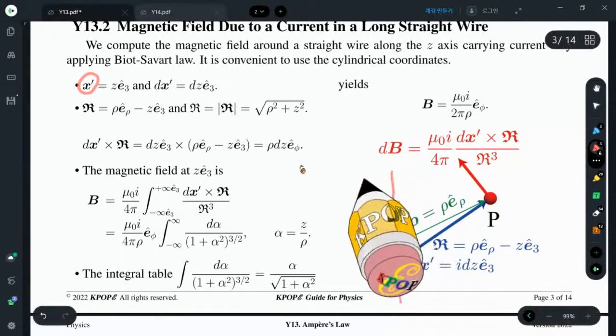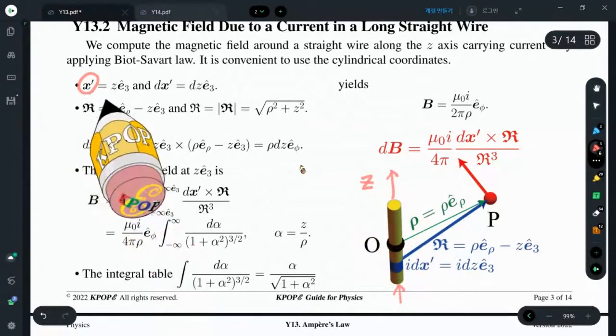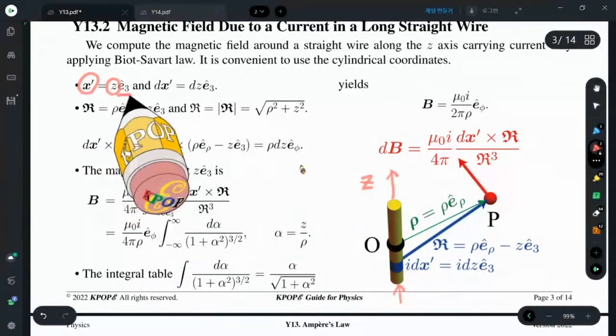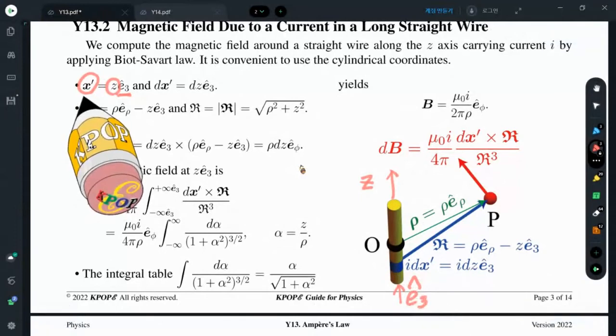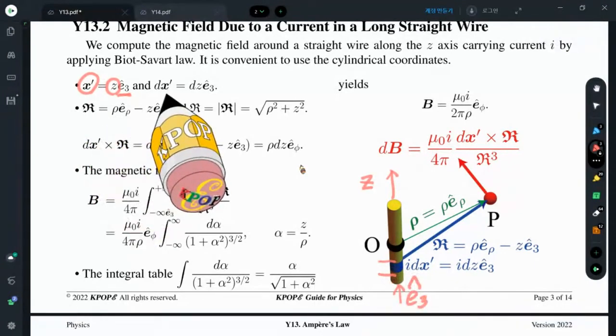Let us choose the z-axis. Then x prime has a coordinate z, and its direction is e3 hat. The differential element of displacement, this wire segment, is dx prime.